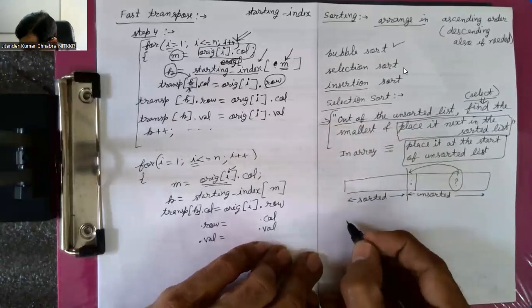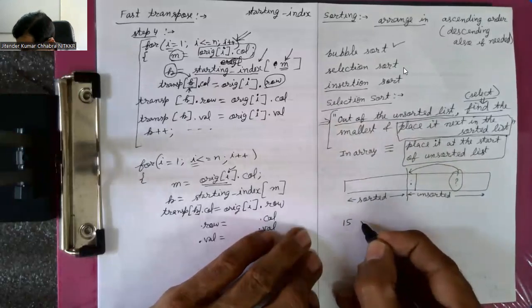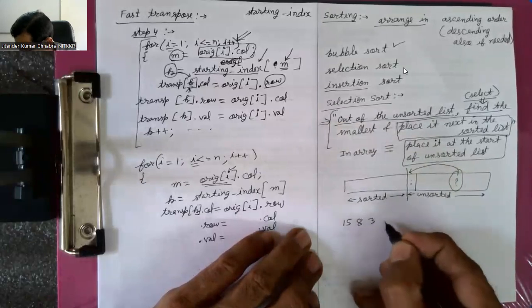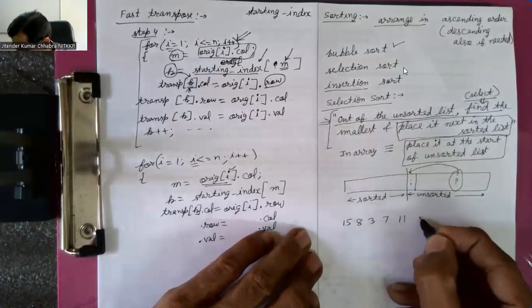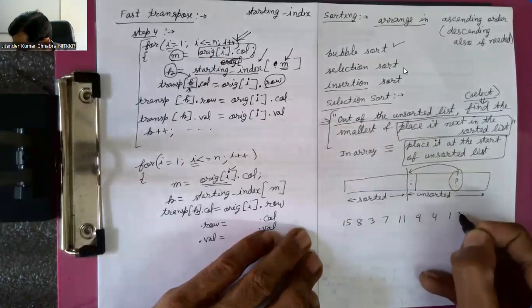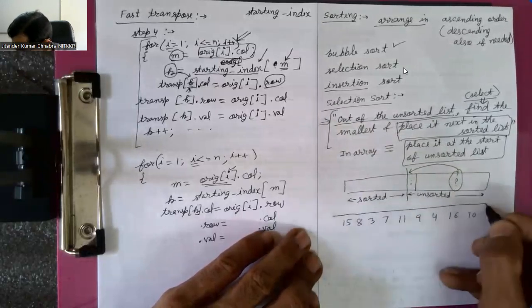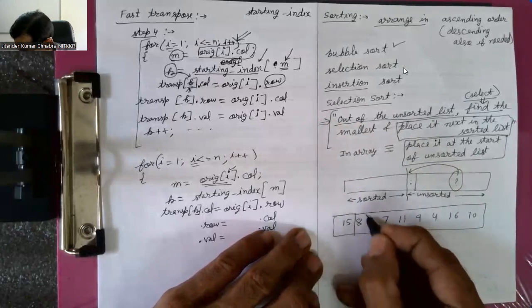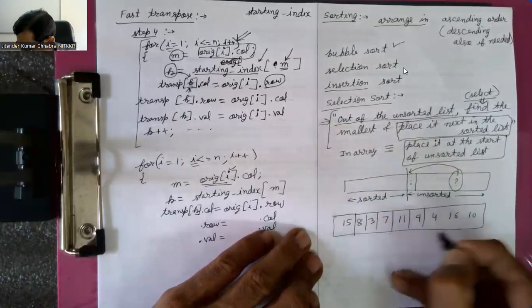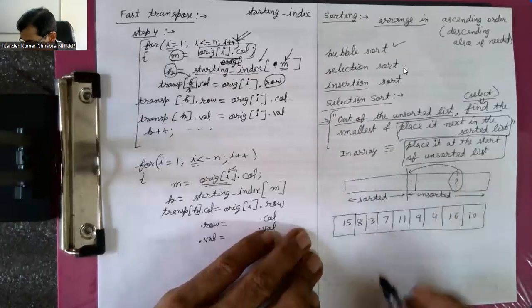Let's take an example. Let's say I have some data: 15, 8, 3, 7, 11, 9, 4, 16, and 10. Let's assume I have such a list, fully unsorted.